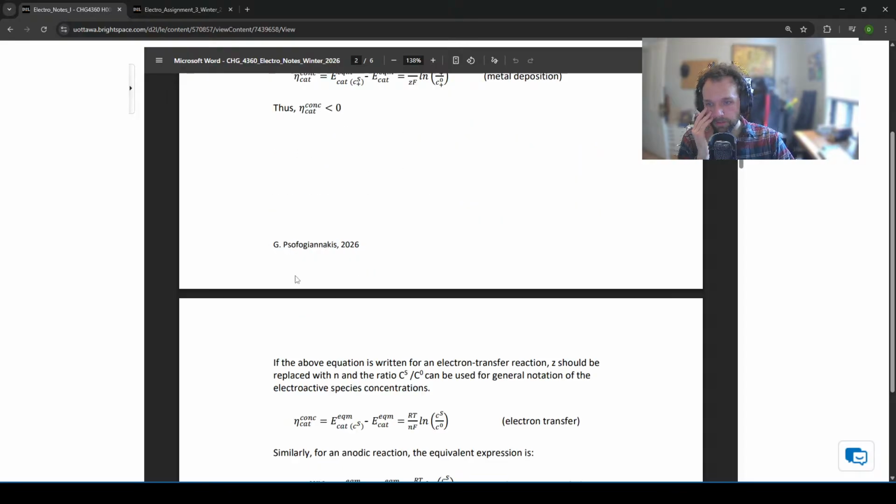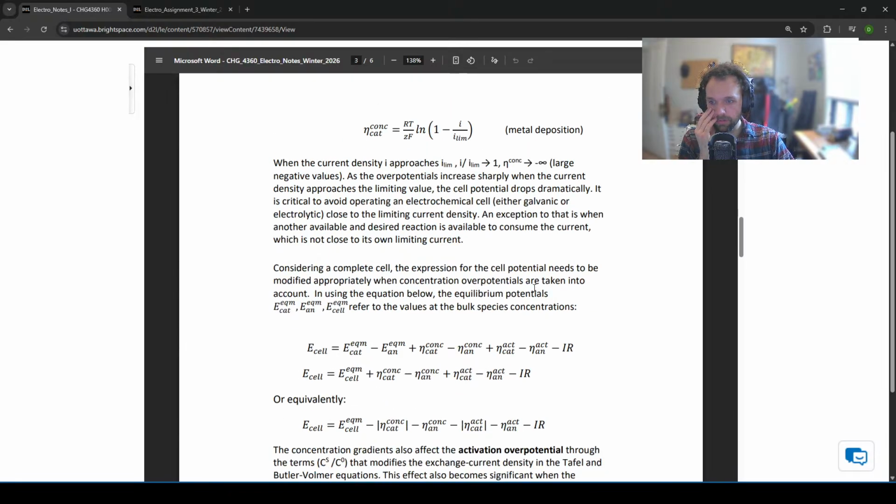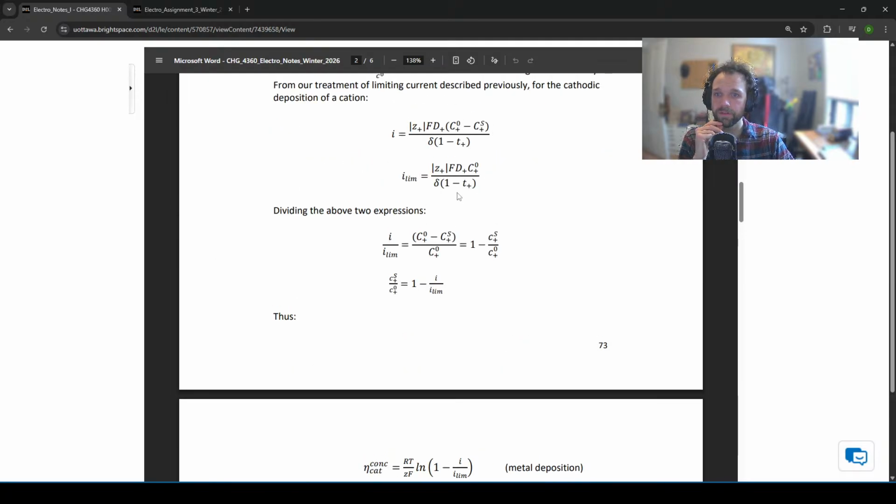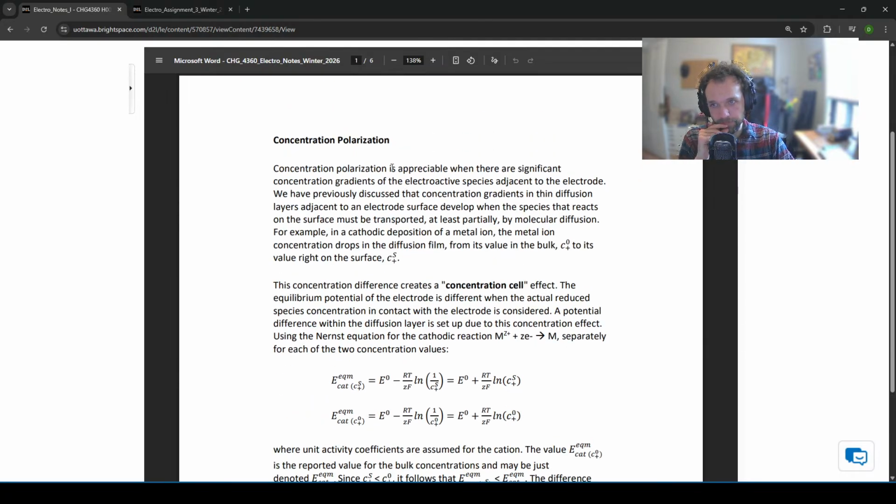I've already read part of this, but I'll reread it again just to make sure I'm not missing anything. Concentration polarization is appreciable when there are significant concentration gradients of the electroactive species adjacent to the electrode.